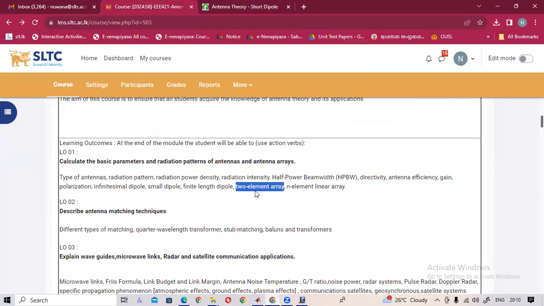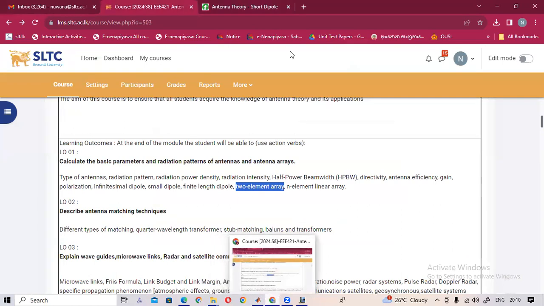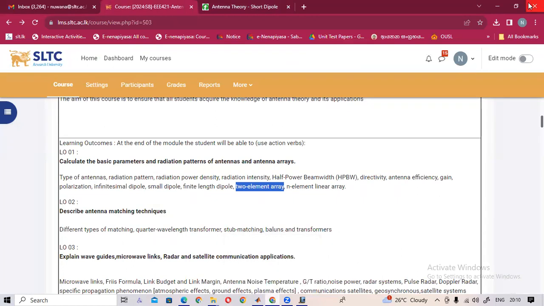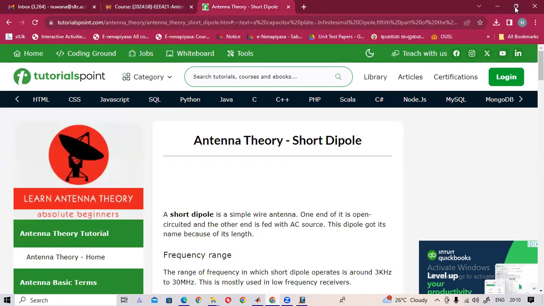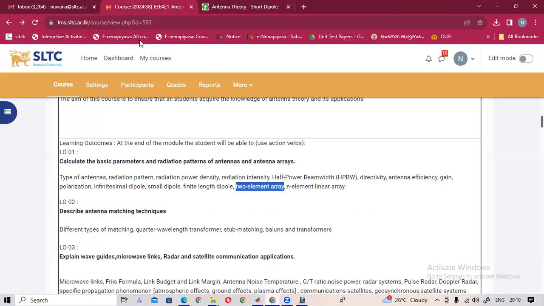Electronically also, and maybe you can see that. I will show you that.